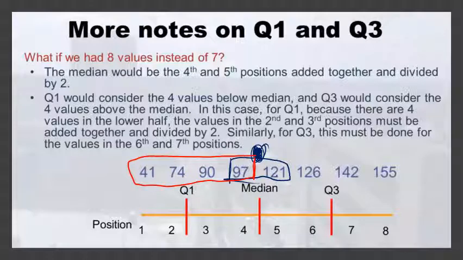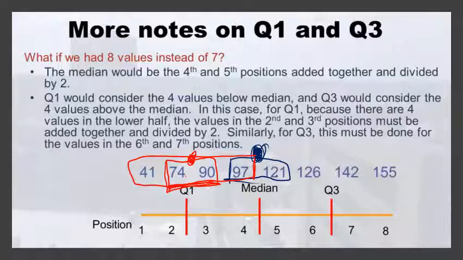Now let's figure out what our median is here. Oh my gosh, look, we have to find another average. So for our Q1, we're going to add these 2 up and divide by 2, and that is going to be our Q1, whatever that is. I didn't calculate these, sorry.